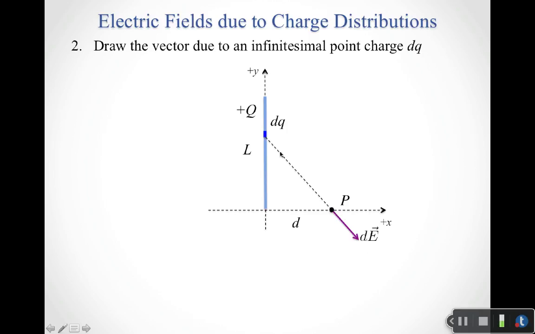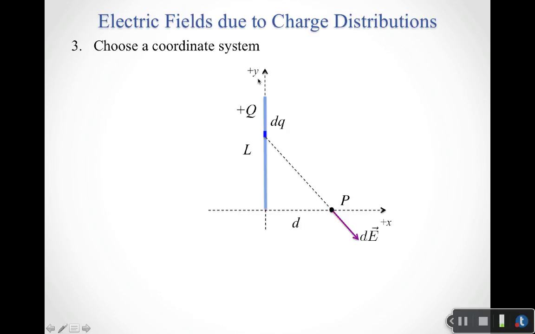Since this whole thing is positively charged, each little element of it is going to be positively charged, and that's why I know how to draw the direction here. The electric field will point away, along the line that connects the little charge element I chose to the point P. So this is the contribution that I'm now going to care about.